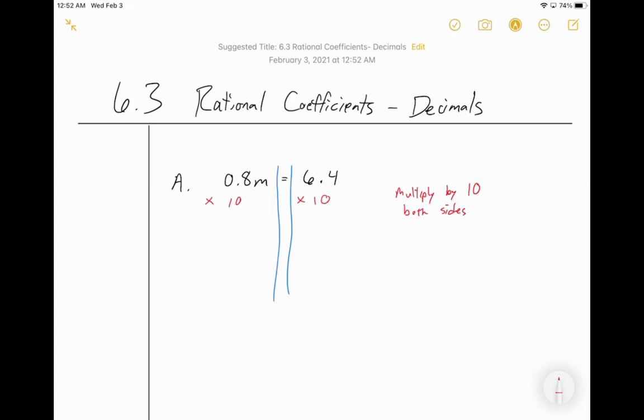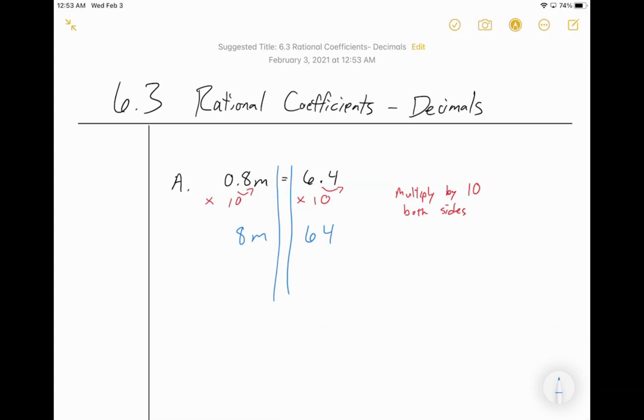Well, remember when you multiply something by 10, it moves the decimal over one place to the right. 0.8 becomes simply 8. And so you're left with just 8m. And then 6.4 becomes 64.